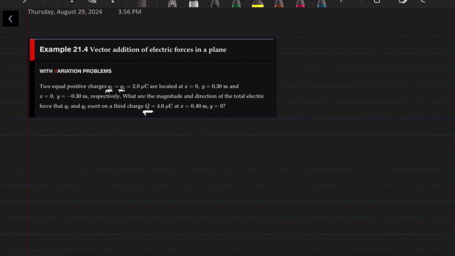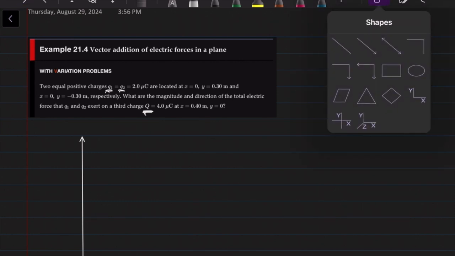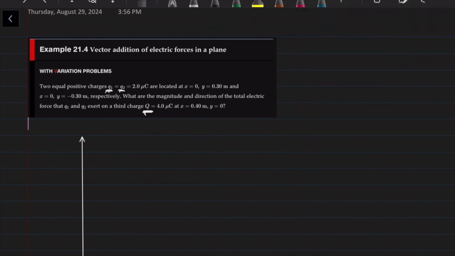Q1 and Q2 are located on the y-axis, okay? And Q3 is a distance away on the x-axis.